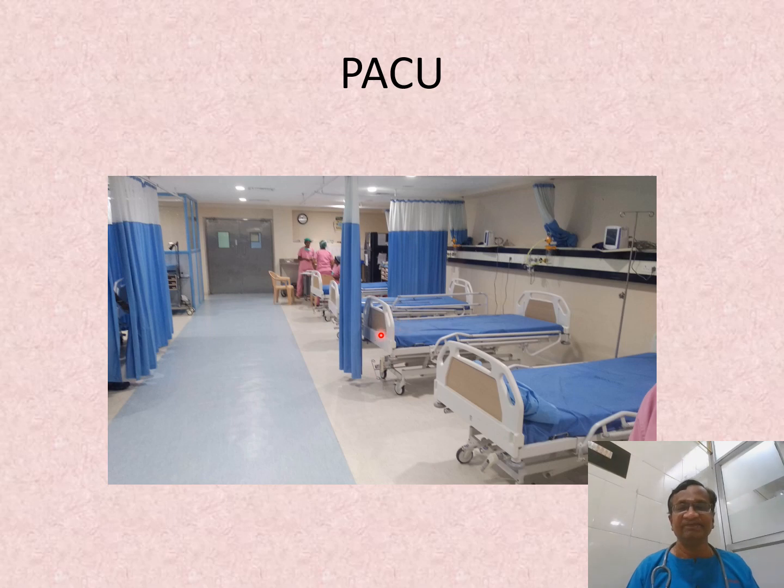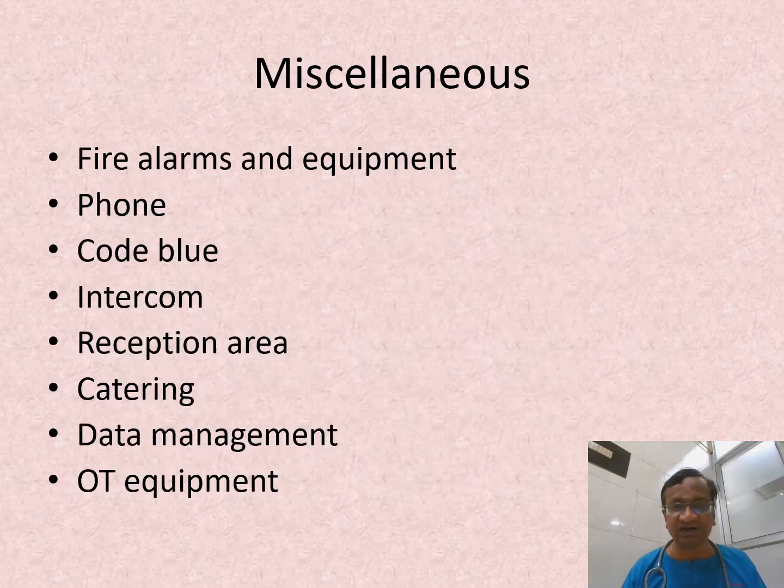You can see this is a bed, this is 5 feet inside, and the wall is here, and this is 4 feet. That is how a PACU has to have monitors, oxygen, suction, everything, along with a good way to change stretchers for emergency care and all.